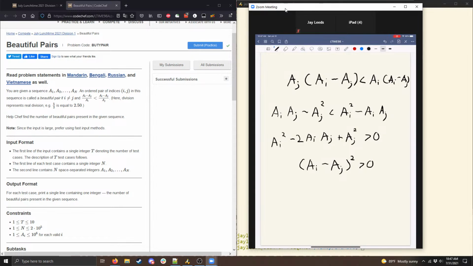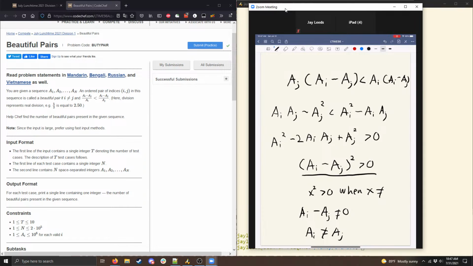And recall that the inequality x squared is greater than 0 holds whenever x is not equal to 0. So what that means is that this inequality holds whenever a sub i minus a sub j is not equal to 0, or equivalently, a sub i is not equal to a sub j.